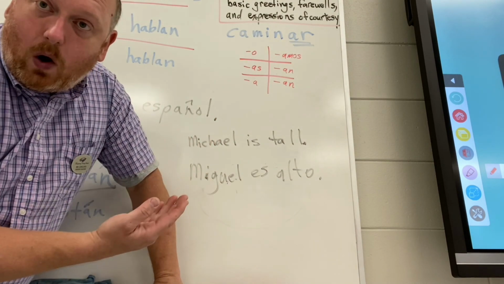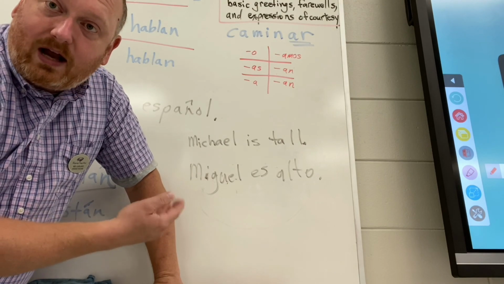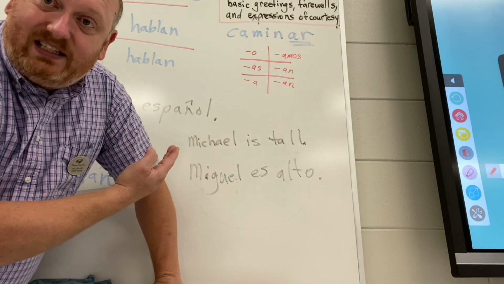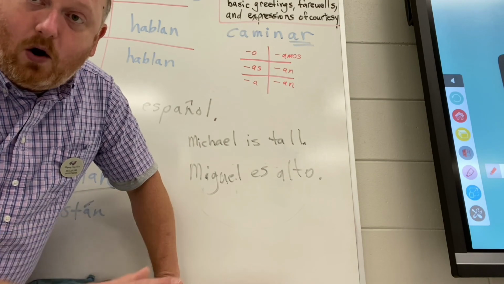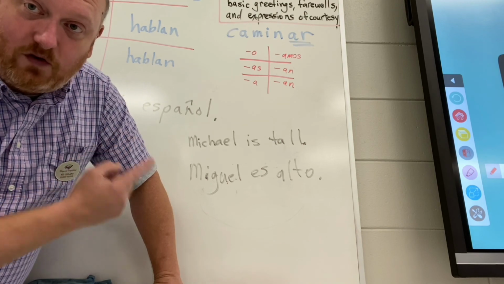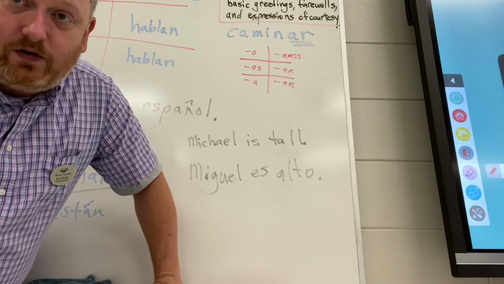Caminamos, we walk. Or caminan, they walk. Or caminan, y'all walk. All I have to do is add these endings to pretty much any verb in the language, and we know how to use it. So knowing these endings in the present tense for these verbs that end in AR is very important and very useful for us.